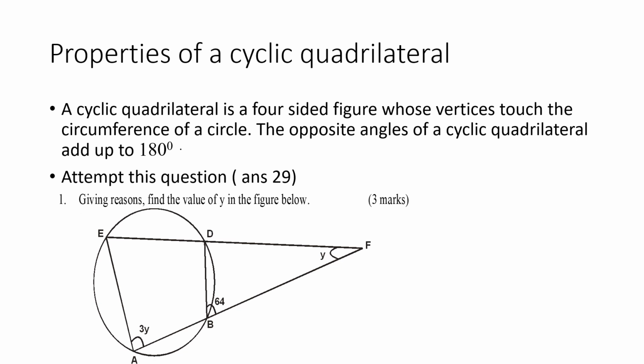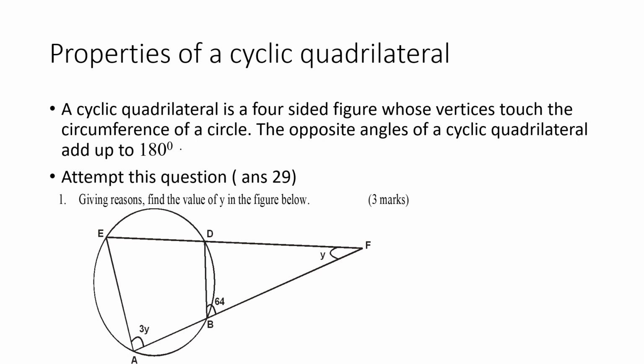Let's look at properties of a cyclic quadrilateral. A cyclic quadrilateral is a four-sided figure whose vertices touch the circumference of a circle. So the opposite angles of a cyclic quadrilateral add up to 180. In this example I have given down here, a cyclic quadrilateral is A, B, D, E. You can see the vertices A, B, D, and E touch the circumference of a circle.